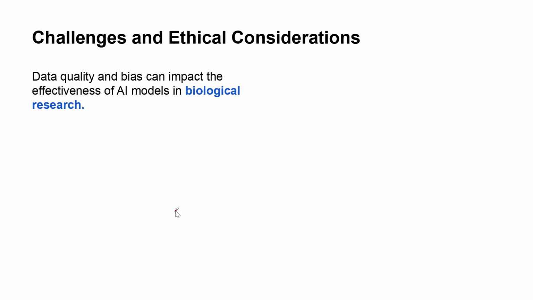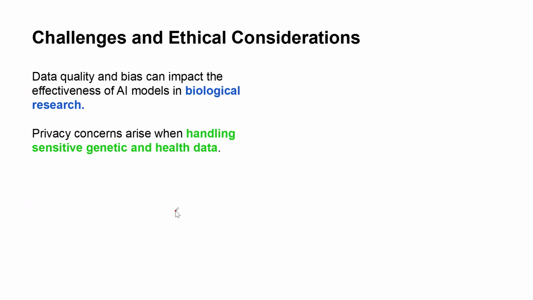Very importantly, what are the challenges and ethical considerations of artificial intelligence in biological science research? Data quality and bias can impact the effectiveness of AI models in biological research. Privacy concerns arise when handling sensitive genetic and health data.